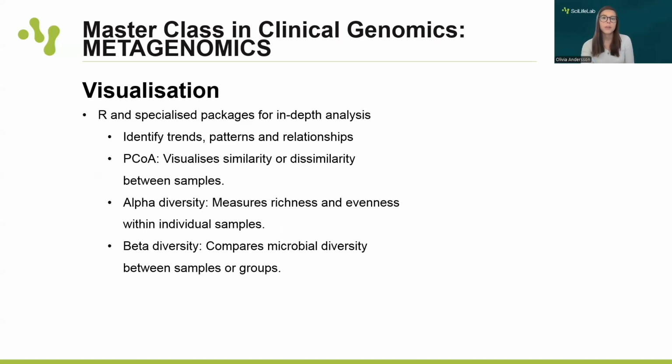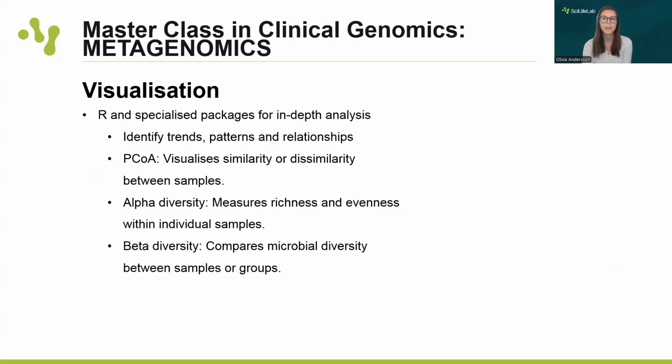For example, principal coordinate analysis, or PCoA plots, can be used to visualize the similarity or dissimilarity between sample groups based on distance matrices, helping us to reveal patterns or clusters in the data.